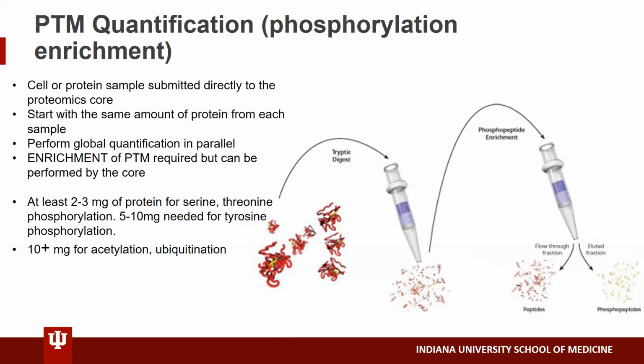And you often will want to be running global quantification at the same time in parallel, because if you're interested in a specific PTM, you want to know whether the actual protein is changing in abundance or just the PTM. It's usually not a big deal because you're starting with so much sample that it's quite easy to do the global quantification in parallel.